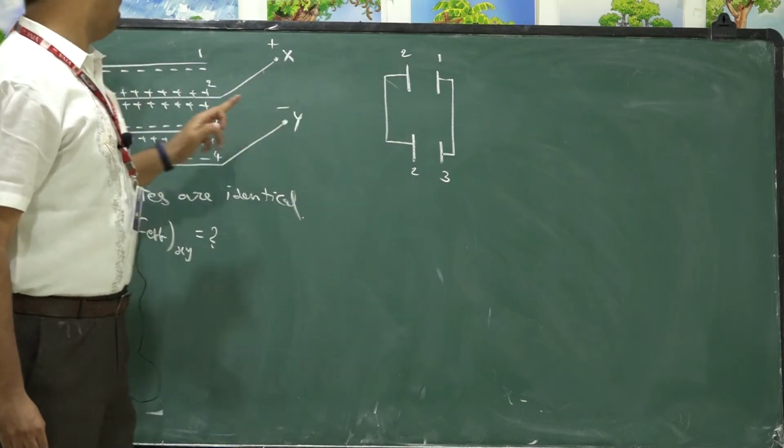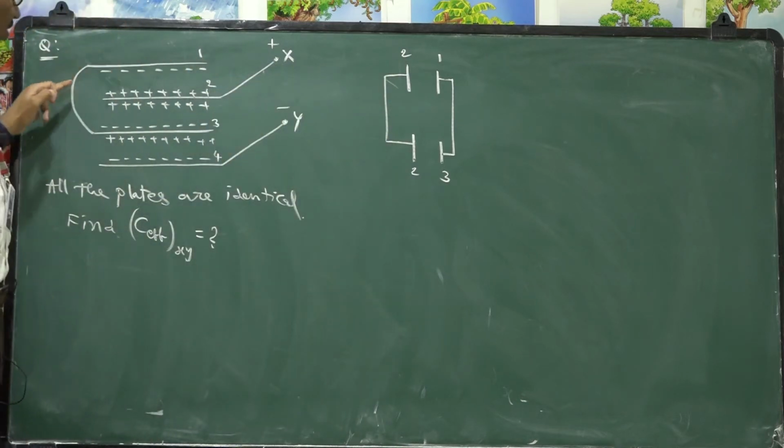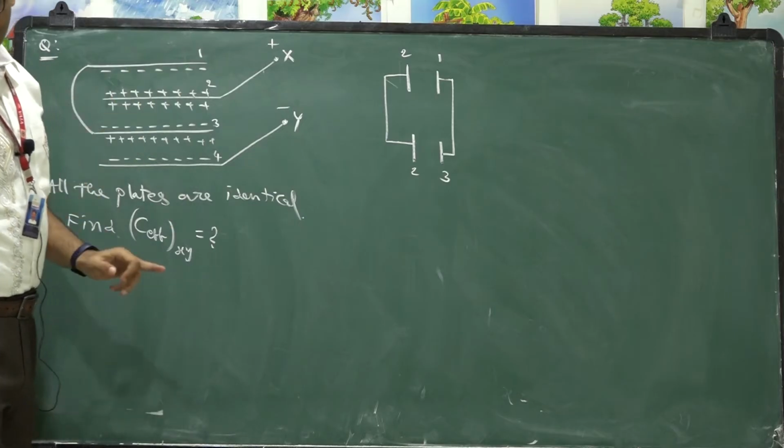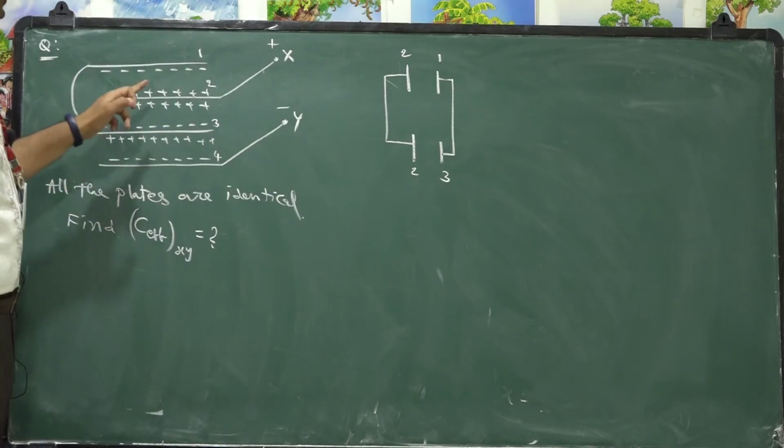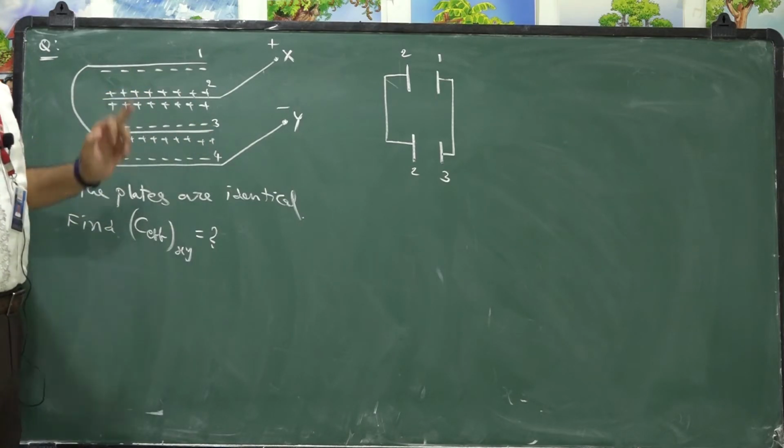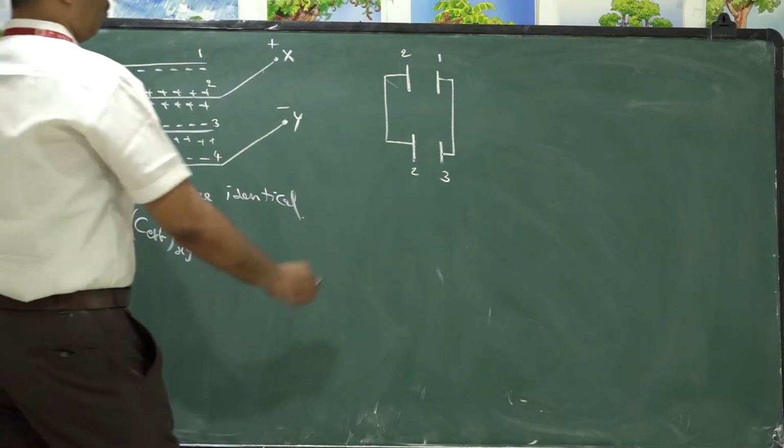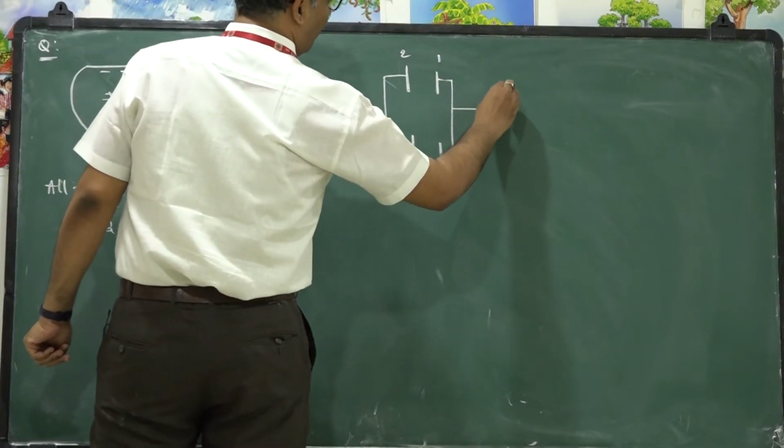I joined them. Already as per the problem, plate 1 is joined with plate 3. Now we have one more capacitor, that is 3, 4. 3 must be joined with 3.